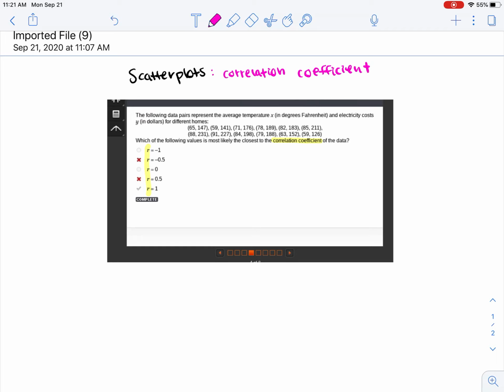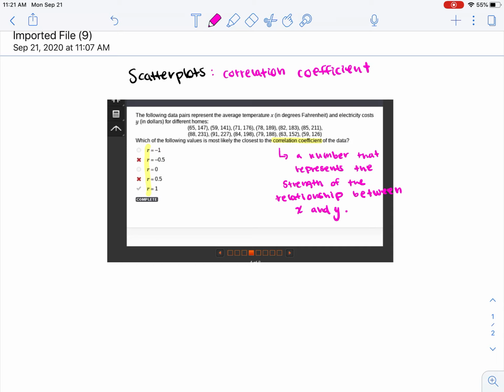So first, correlation coefficient is a number that represents the strength of the relationship between X and Y.